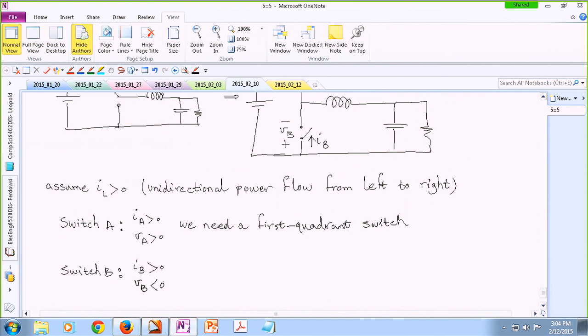Therefore, we are looking at a second quadrant switch. The candidate that we had for the second quadrant switch was a diode, basically. The candidate that we had for the first quadrant switch was an IGBT or a MOSFET.